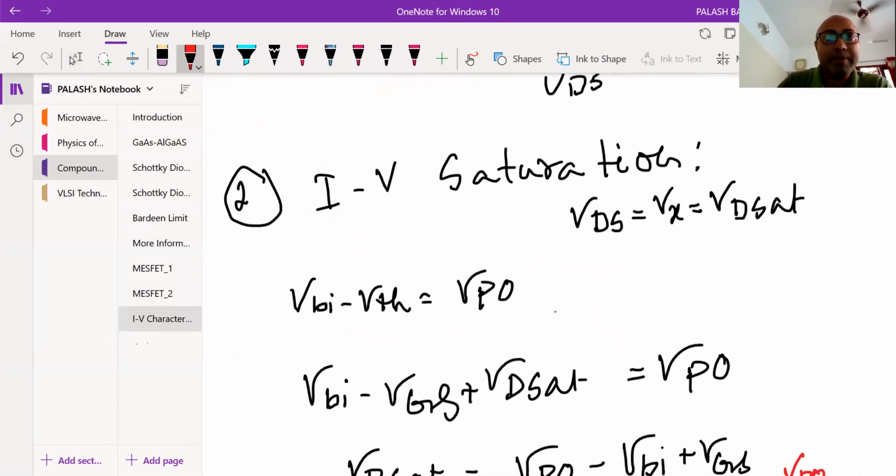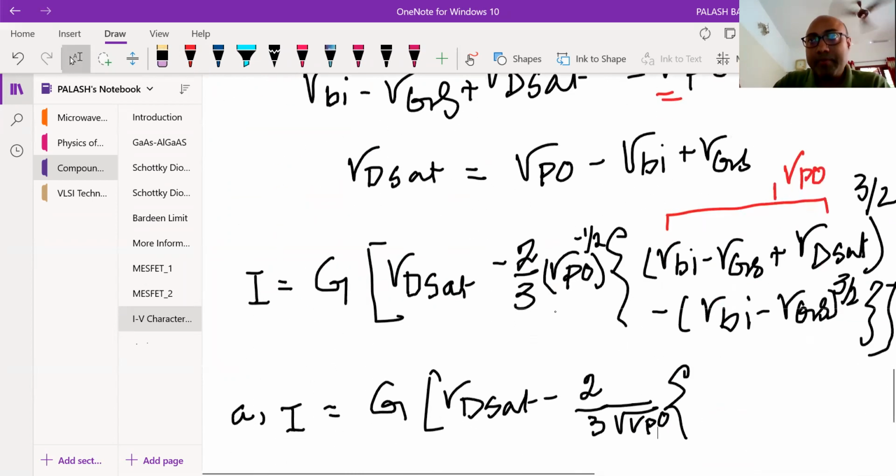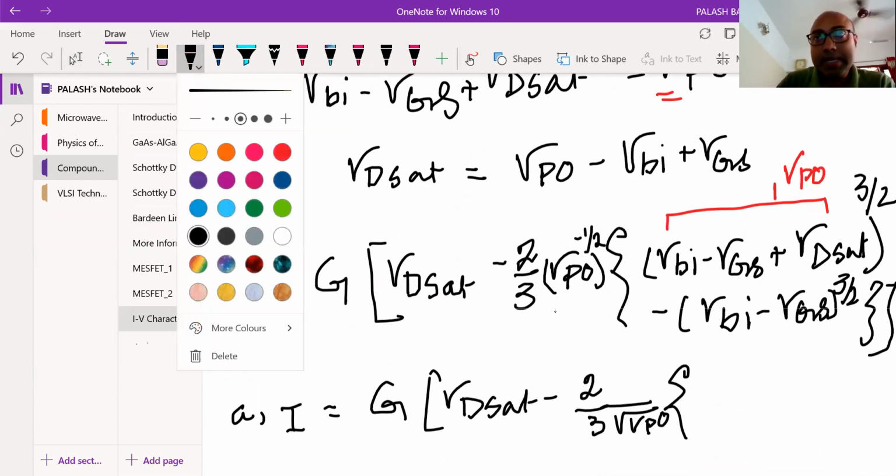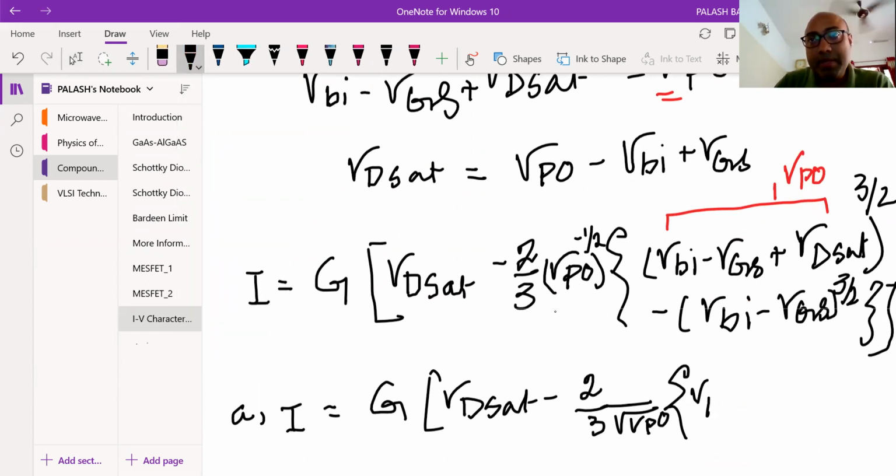Yeah, this expression. VBI minus VGS plus VD sat is nothing but VP0, which we have to put. So we write VP0 whole to the power 3/2 minus, what is VBI minus VGS?